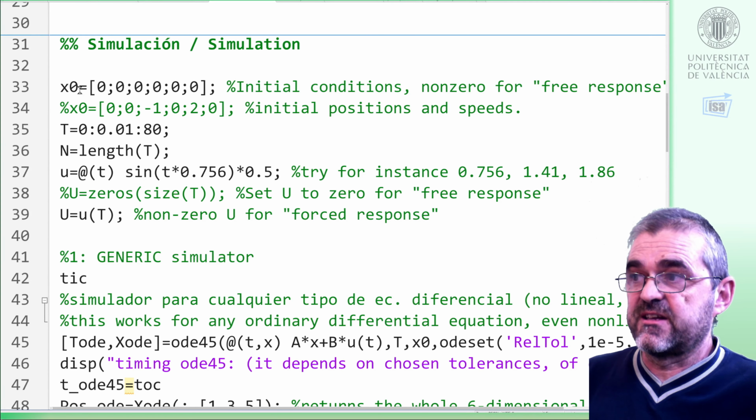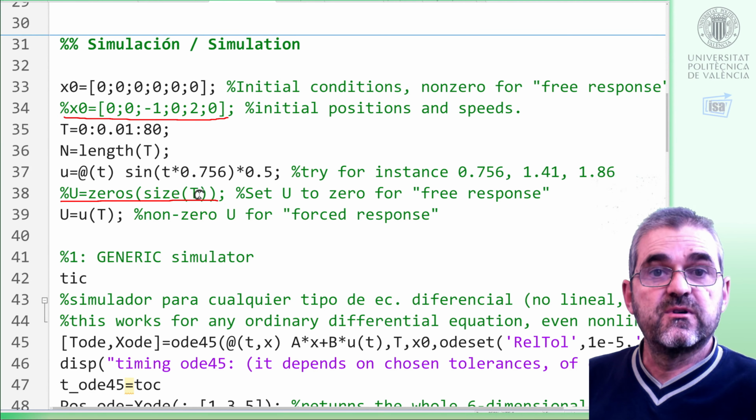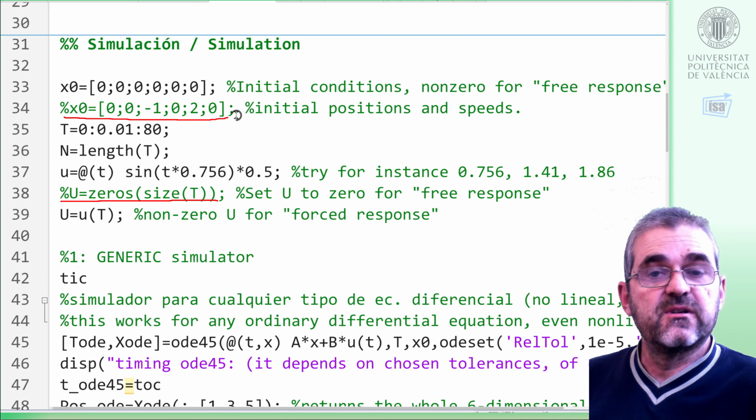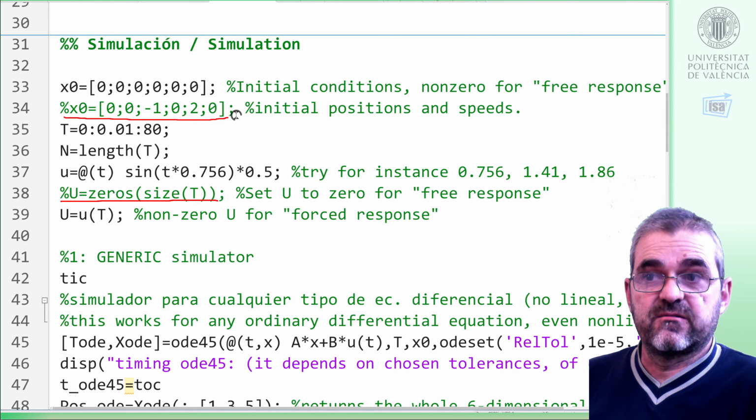And if I set them to a non-zero value and I set the input to 0, commenting these lines, then 0 input with non-zero initial conditions receives the name of free response.